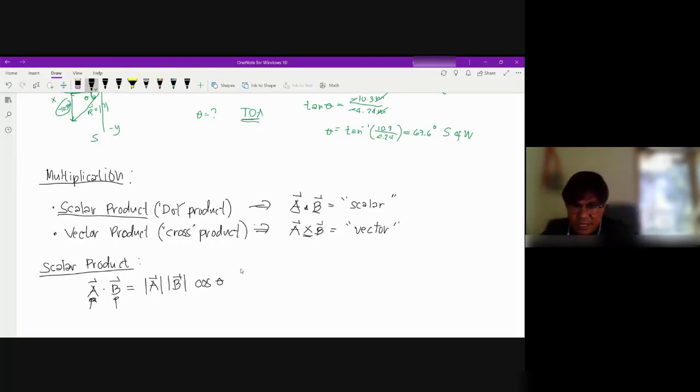So that would mean if this is vector A here, and then naka vector B here. So ang angle between them is actually theta.